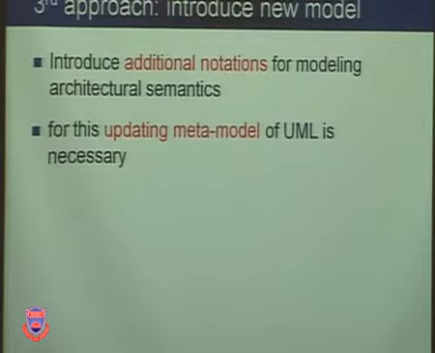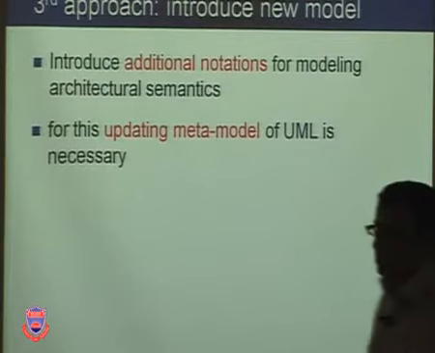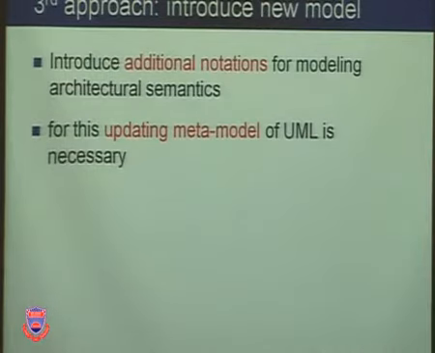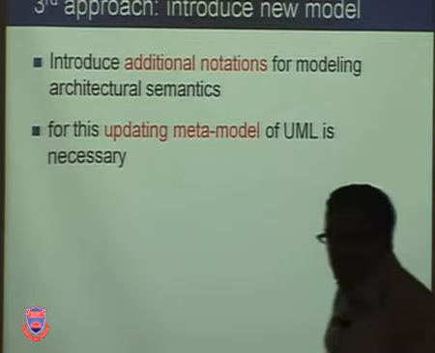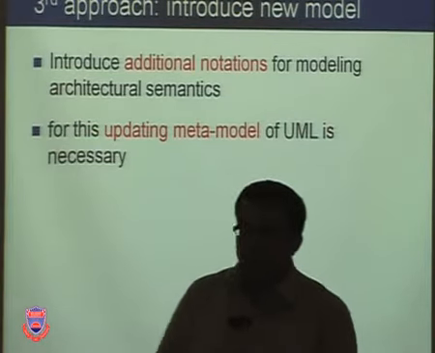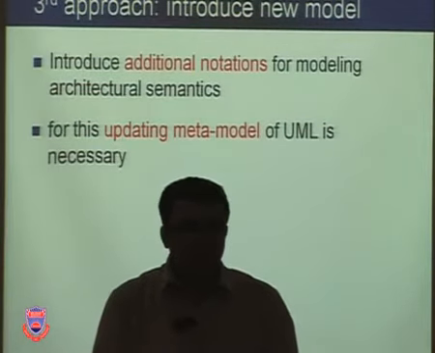First approach we use as is. Second approach, use the elements but customize using stereotypes. Third approach, you could say, I don't want this class notation or package notation or abstraction. I want to introduce my own dedicated architectural component.